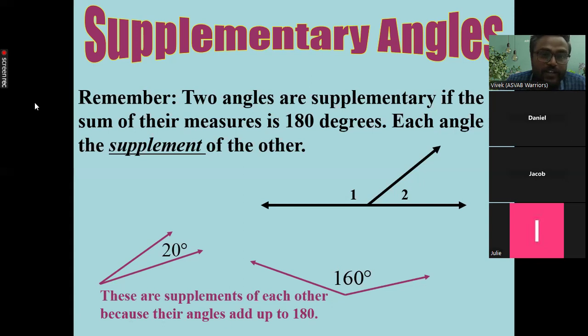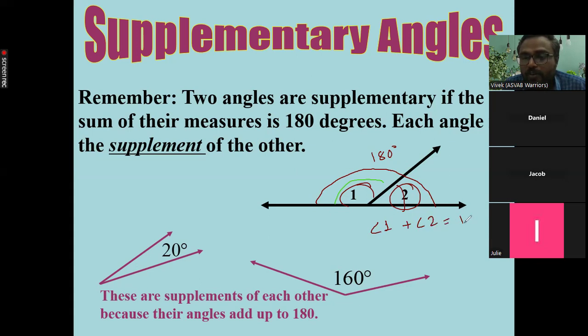If you observe carefully, angle 1 and angle 2, as we already know, this is a straight angle, so it's going to be 180 degrees. So if I say the measure of angle 1 plus the measure of angle 2, it's going to be equal to 180 degrees. That means this pair, angle 1 and 2, are nothing but a supplementary pair.